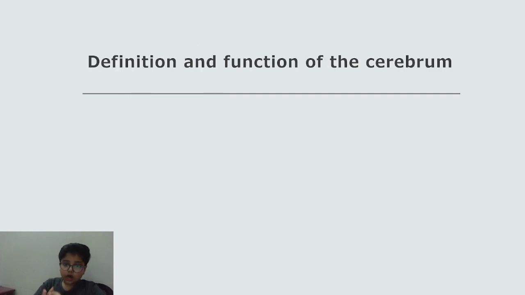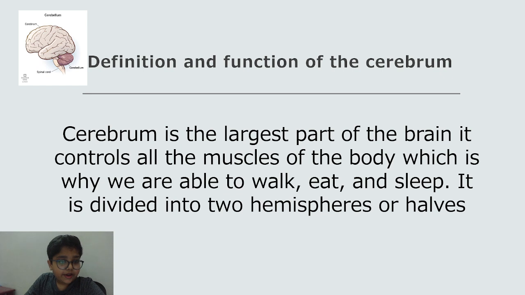Now we have to read the definition of all of them, starting with the function of the cerebrum. The cerebrum is the largest part of the brain. It controls all the muscles of the body. The muscles I am moving right now, my hands moving to teach, happen because of the cerebrum.